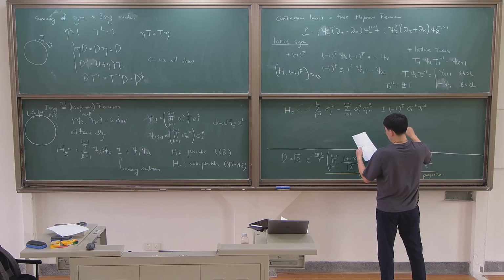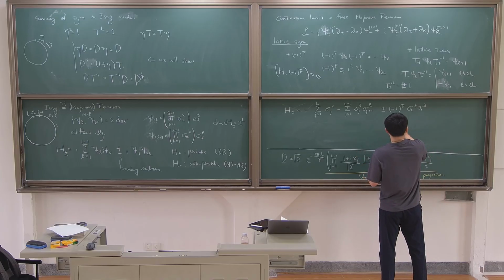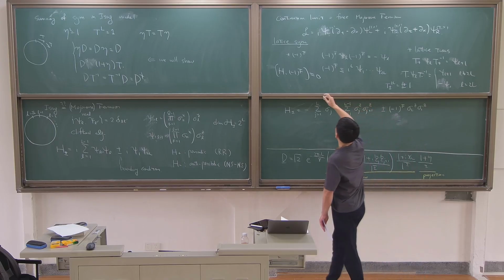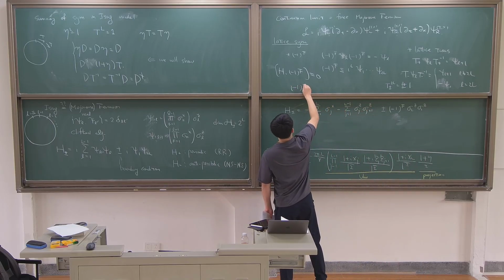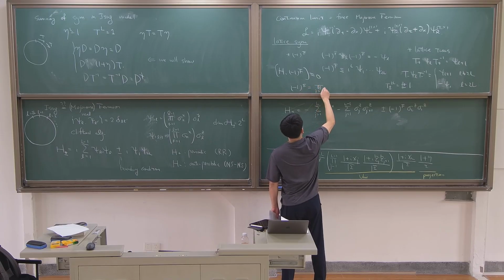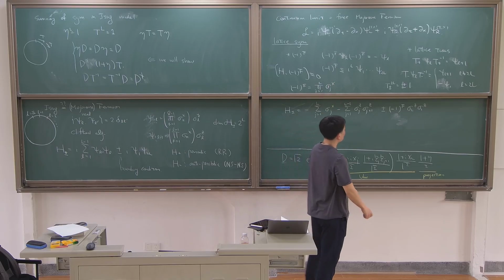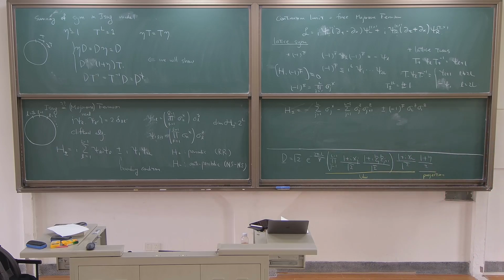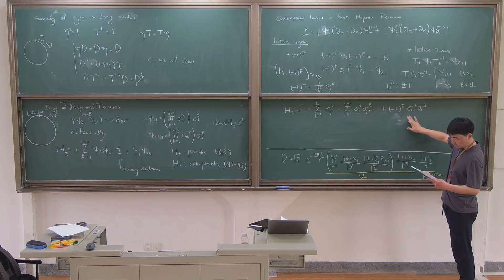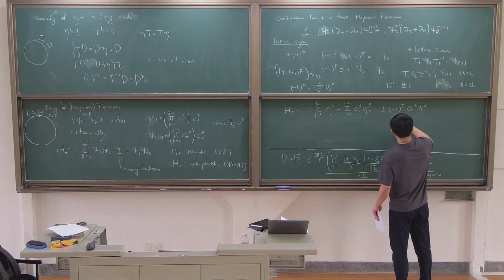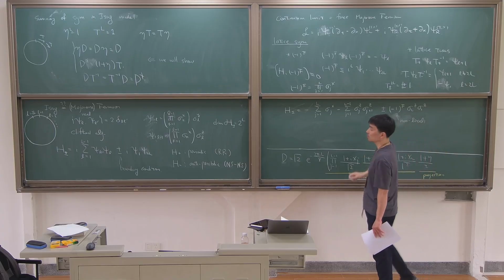Here you need to impose minus 1 to the f, which is a product over j from 1 to 2L of sigma_j^x. We need to impose this minus 1 to the f, so therefore you can see some non-locality, because of minus 1 to the f.